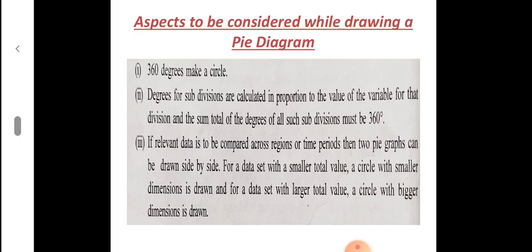It means if various data are given for regions or time periods, we have to draw two different pie diagrams side by side. A small circle should be drawn for a smaller total value and a large circle for a larger total value. It is easy to understand by the dimension of the circle.